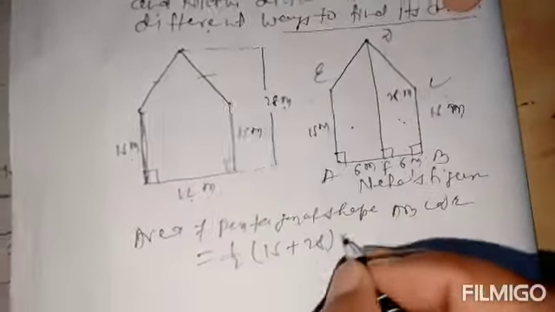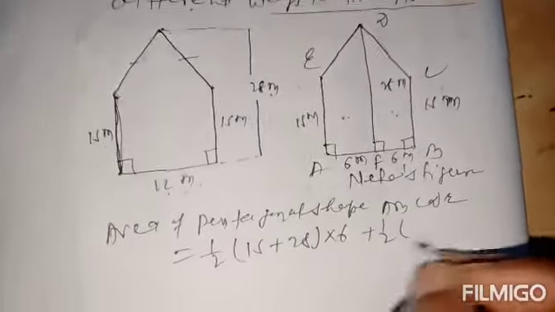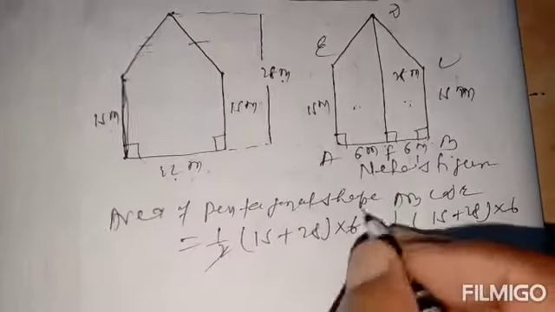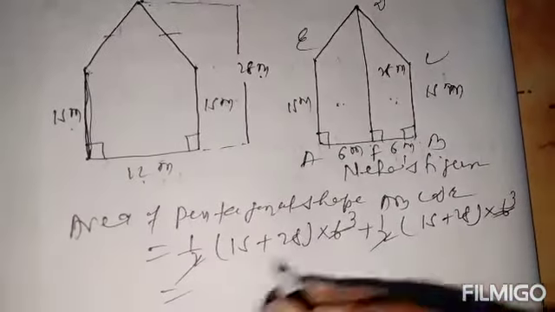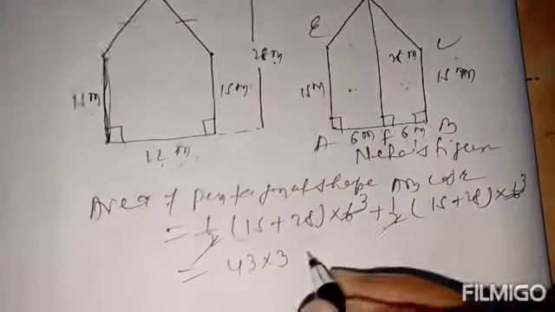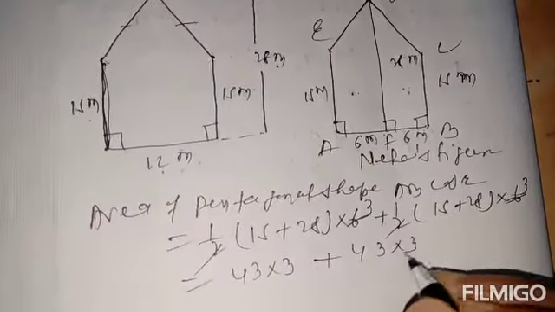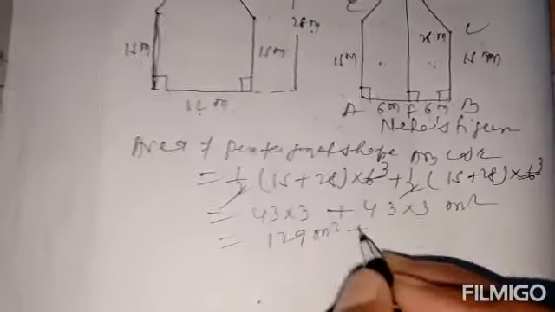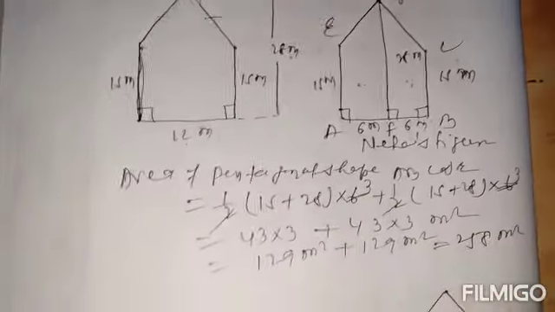So half into sum of parallel sides, means 15 plus 28, into height 6, plus also half 15 plus 28 into 6. So 2 3s are 6, and this is 43 into 3, plus here also 43 into 3 meter square. So 129 meter square, also 129 meter square, and their sum is 258 meter square.